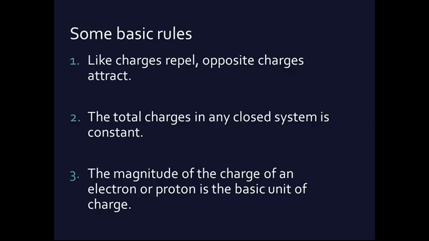Now, you do find out as you go into physics that, for example, protons and neutrons are made up of something called quarks, and scientists do talk about quarks having a plus or minus 1/3 charge or a plus or minus 2/3 charge, and so that might seem to contradict this idea.